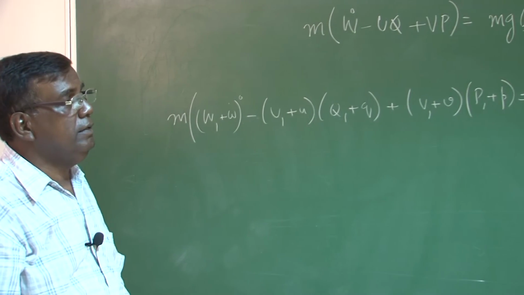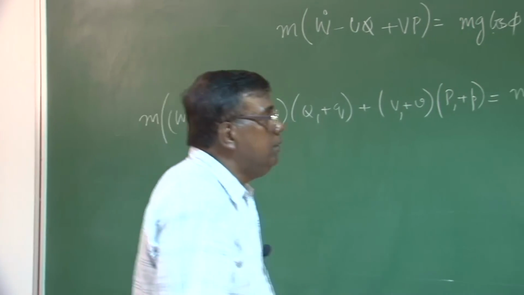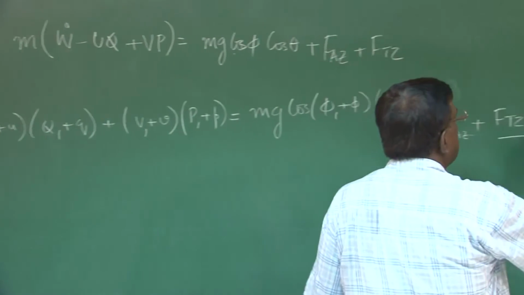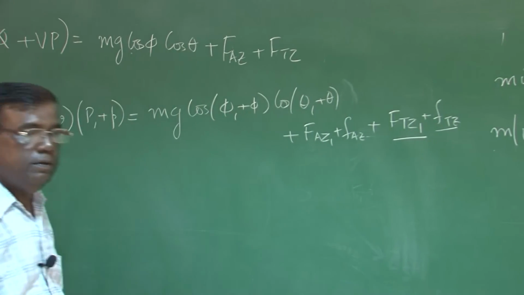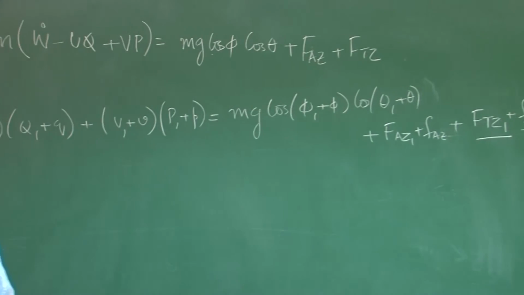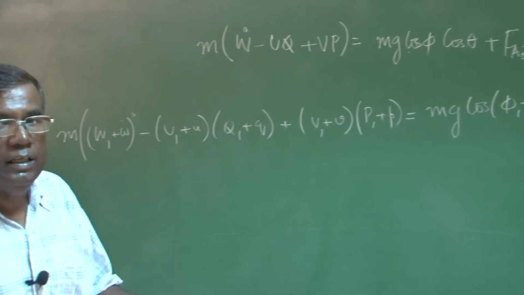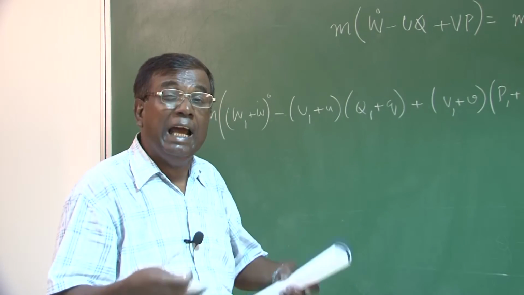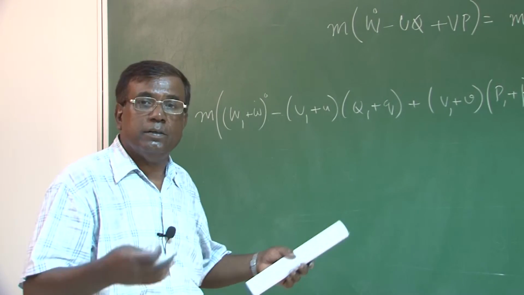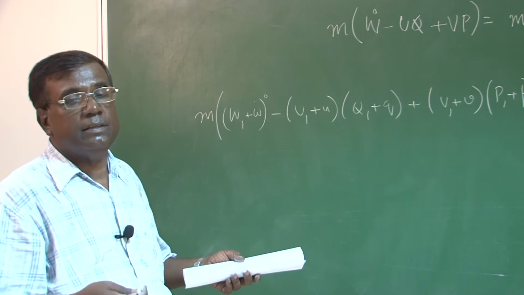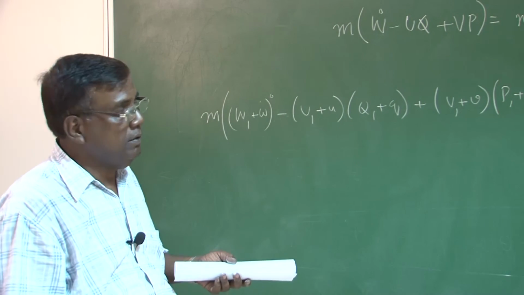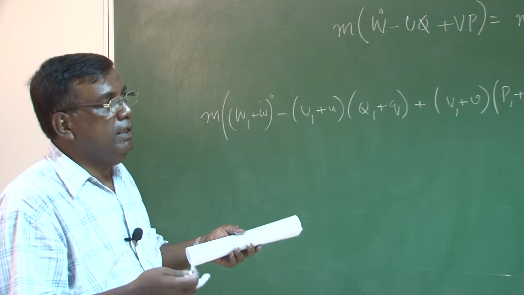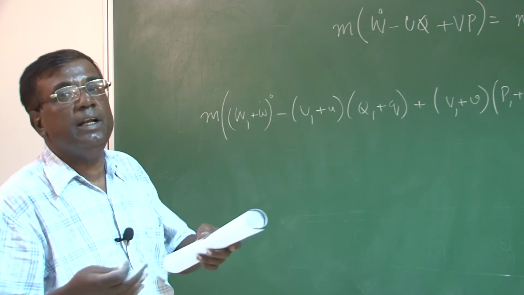That is f_tz1. And when we talk about perturbed f_tz, it means as there is an angle of attack change, as there is a theta change, as there is a change in u, how this thrust is also changing along the local x direction. That x could be the stability axis depending upon how you are developing the equation. Here, finally, you must be seeing we are converting every equation into a stability axis system.